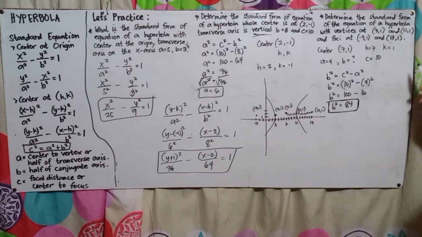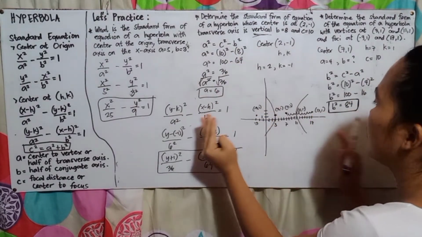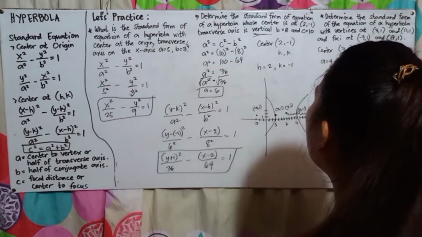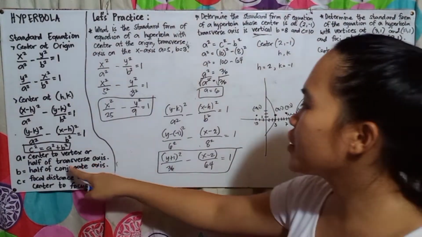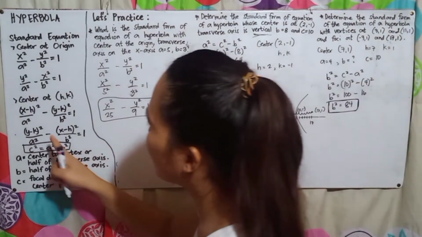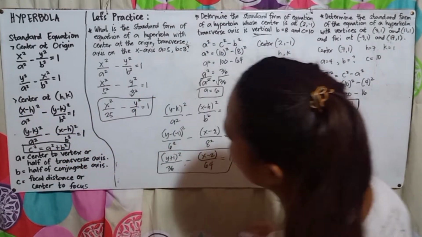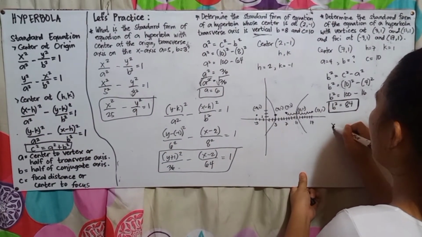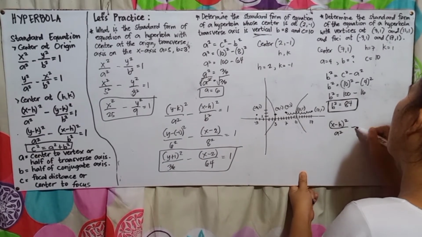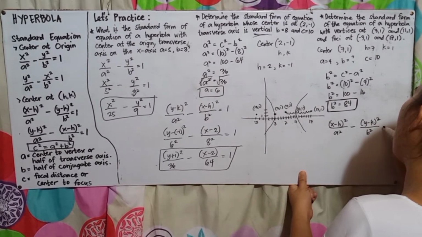Since our transverse axis a is on the x-axis, we use (x minus h) squared over a squared minus (y minus k) squared over b squared equals 1.